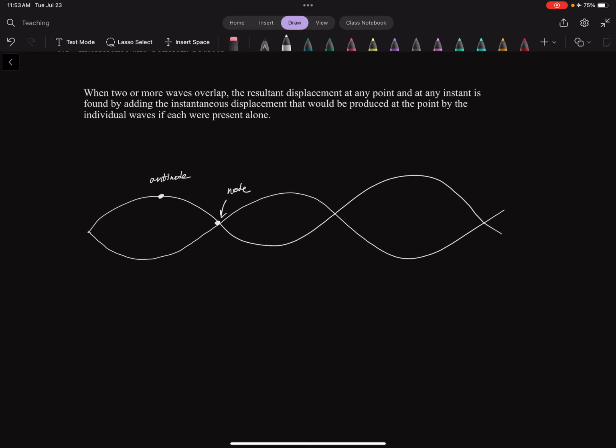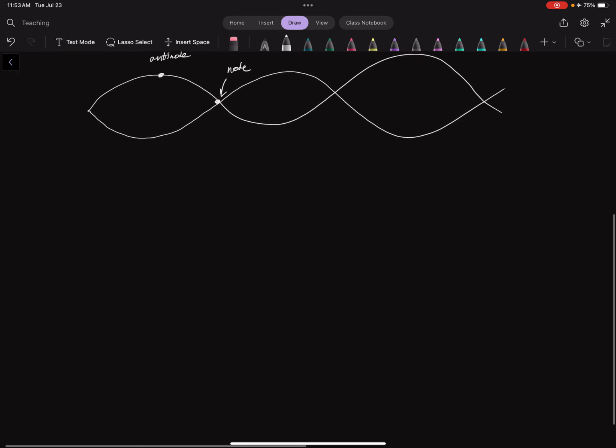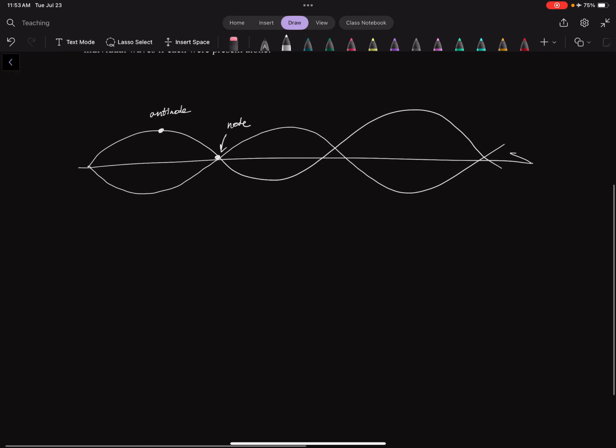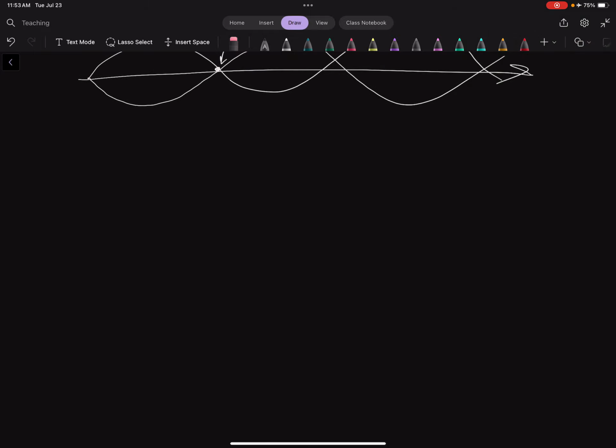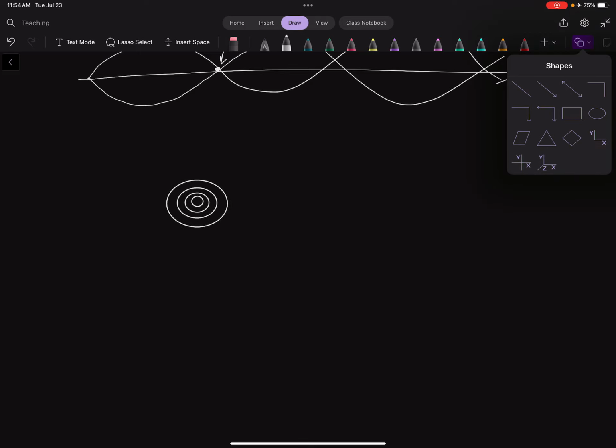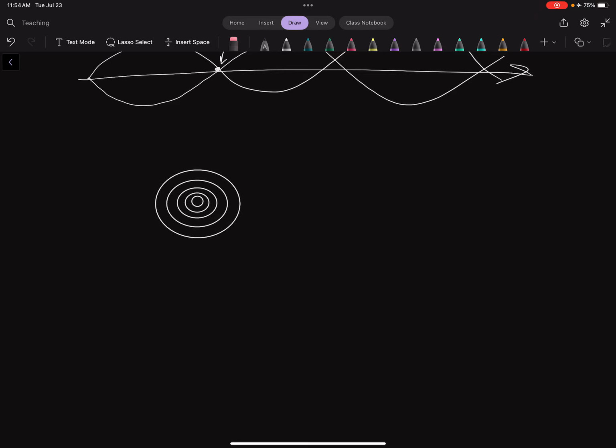Well, now we're going to consider a wave source in 2 dimensions, right? Because this is only 1 dimension here. We're going to consider one in 2 dimensions. And I'm going to attempt to use this circle tool and hopefully be able to draw some concentric circles here, because we have the source and, if I'm describing wave crests, we have these wavelengths that propagate radially outwards like this, and you'll have to imagine that these are all perfect.